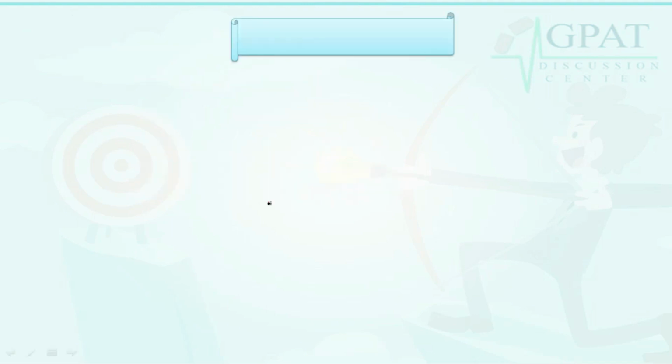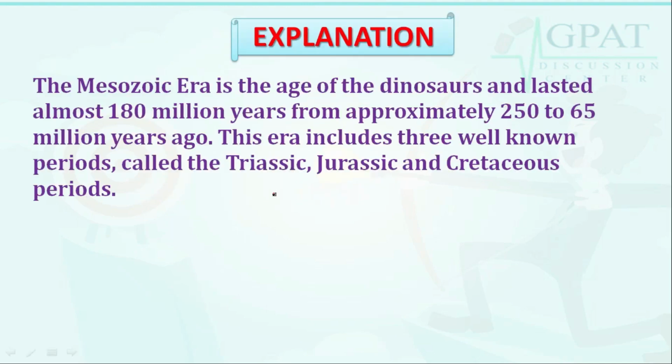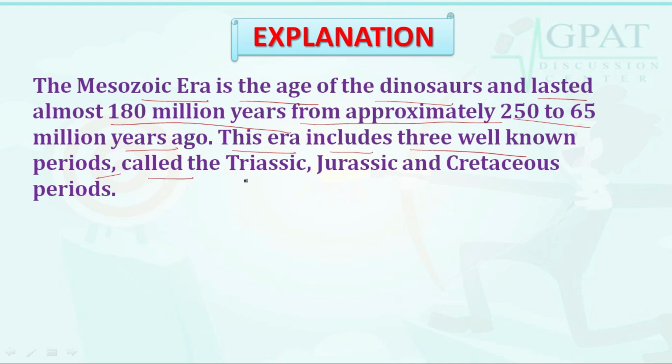Let's discuss with the help of the explanation: the Mesozoic era is the age of the dinosaurs and lasted almost 180 million years, from approximately 250 to 65 million years ago. This era includes three well-known periods called the Triassic, Jurassic and Cretaceous periods. So students, Mesozoic is the correct answer.